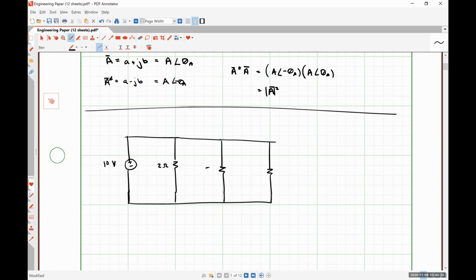This is a 2 ohm resistor. This is a 5 ohm resistor, and this is a 10 ohm resistor. All right. What is the power absorbed by the 2 ohm resistor? 50 watts, right? So it would be 10 volts squared divided by 2 ohms, is 100 over 2 is 50 watts. What about the power absorbed by the 5 ohm resistor?